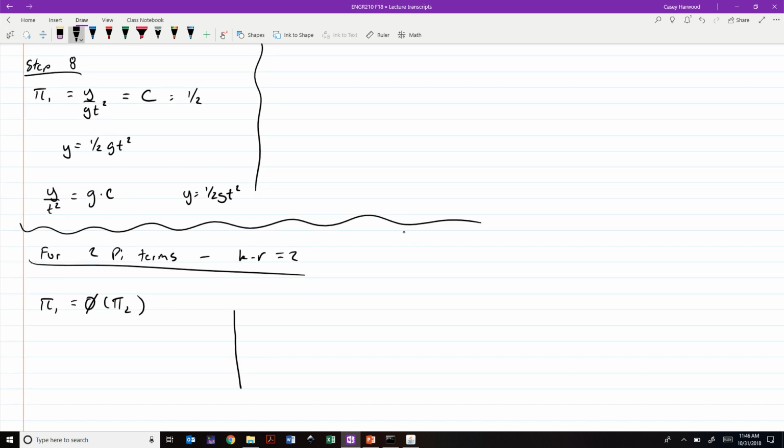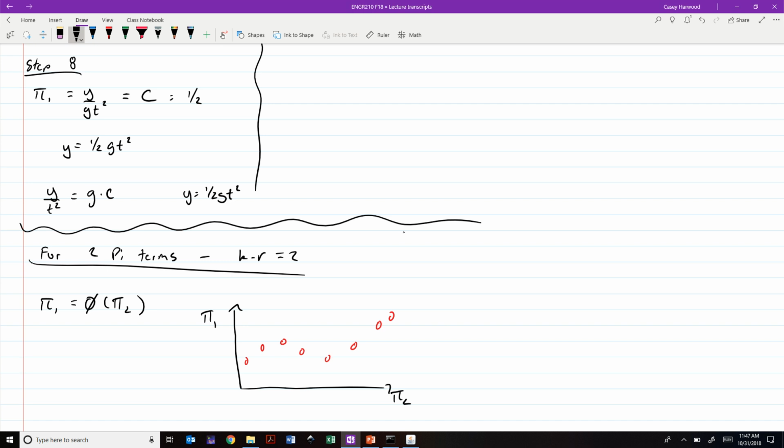So for a problem like this, you might say I've got pi 2 on the x-axis, pi 1 on the y-axis. I'm going to go out and I'm going to collect some experimental data. So you would systematically vary the value of pi 2, measure the dependent variable, calculate pi 1, and plot them.